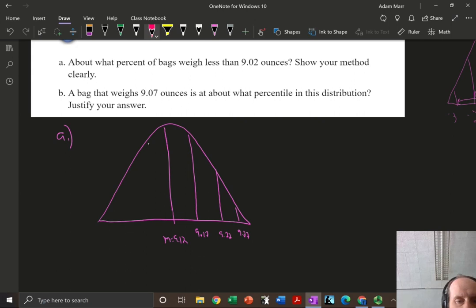Now let's go to the left. One standard deviation to the left is going to be 9.12 minus 0.05, which is 9.07. One standard deviation to the left again is going to be 9.02. And one standard deviation to the left again is going to be 8.97.